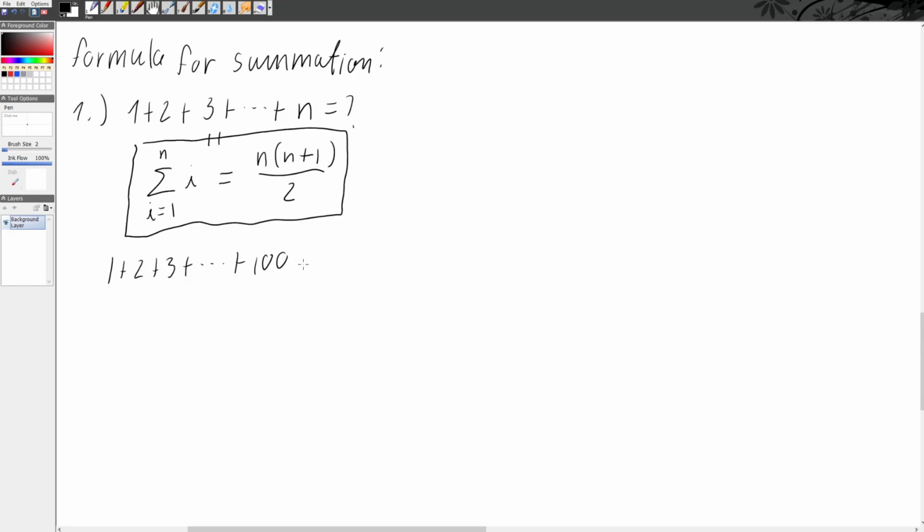From the previous formula, instead of putting all of this into my calculator, I can just put in 100 times 101 divided by 2. And so the sum of everything on the left hand side is just 50 times 101, which is just going to be 5050.